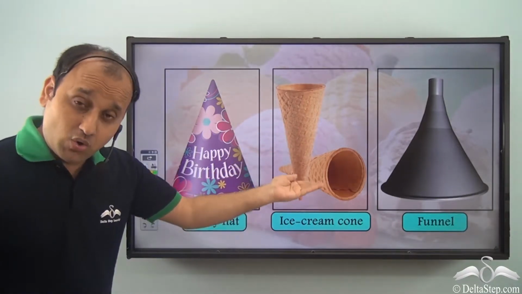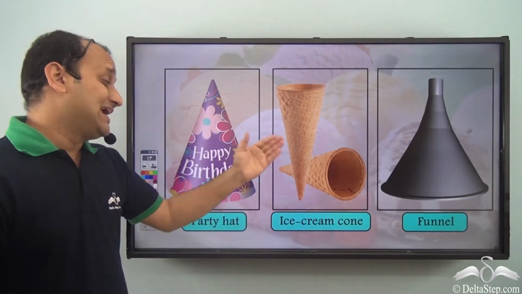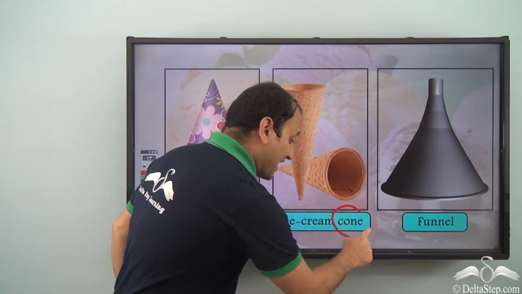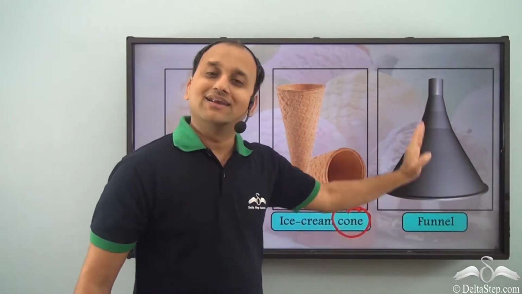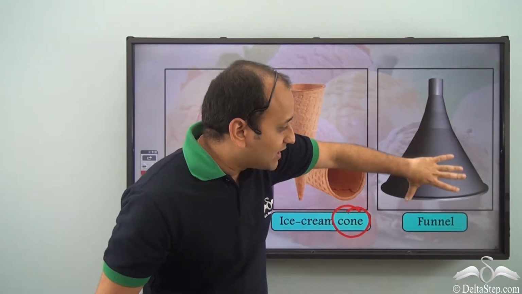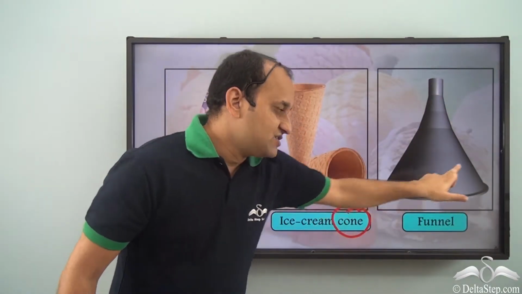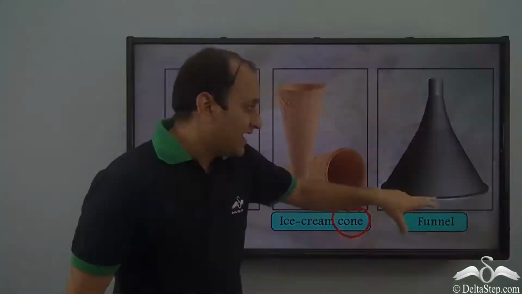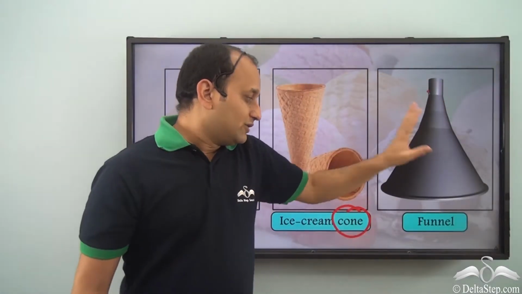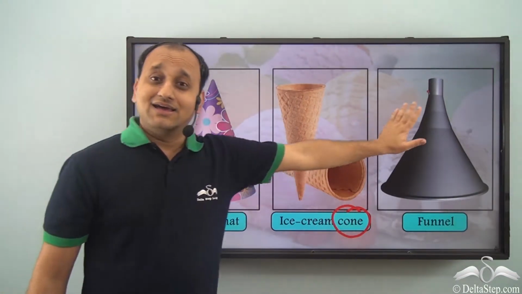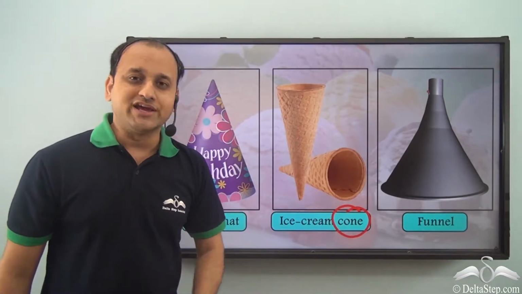Even ice cream cone is conical in shape and hence it's called ice cream cone. And this funnel, even this is conical in shape. As you can see, circular at one end and tapers off to give a pointed end. So, all these are examples of conical shape.